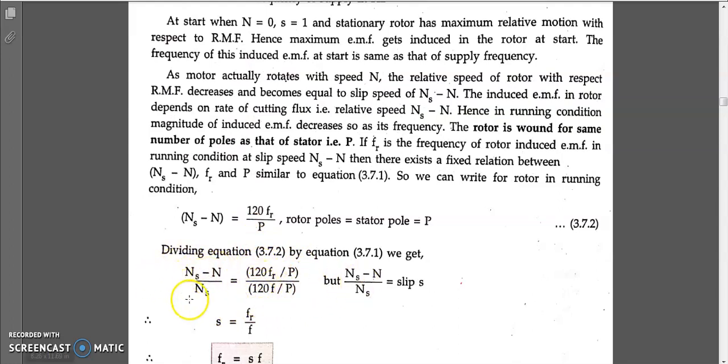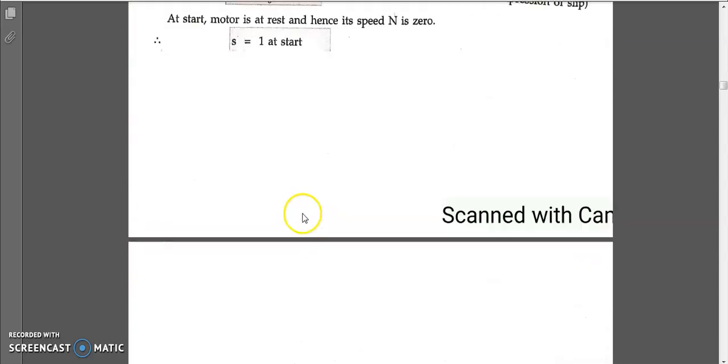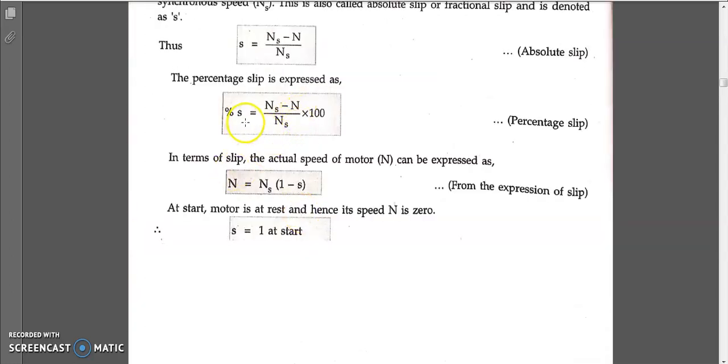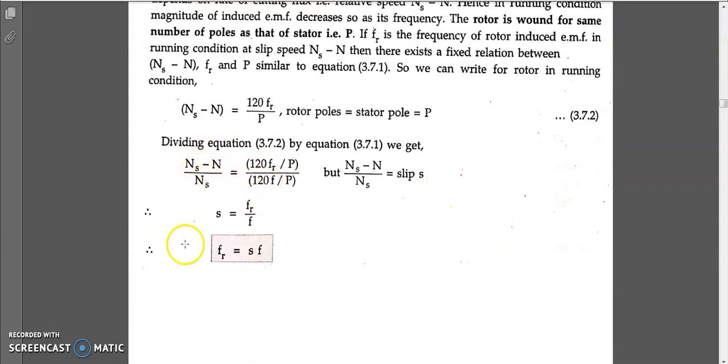But we know that ns minus n divided by ns is nothing but slip. Already we have discussed here. You can see that ns minus n divided by ns is equal to nothing but slip. Okay, here, right? The same thing, I'm going to replace this whole part. So this part is replaced by s. So s equal to fr by f. So rotor frequency is always equal to what, s times the stator frequency.